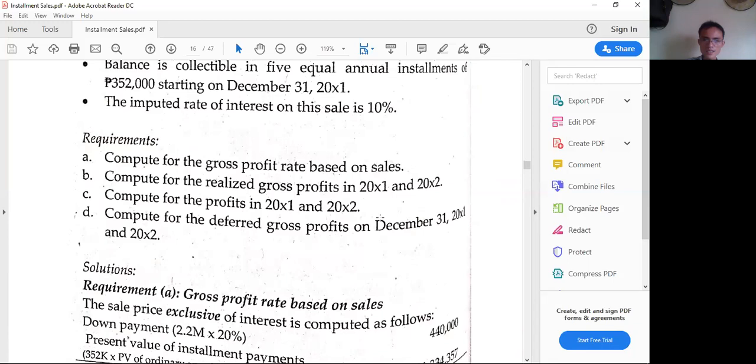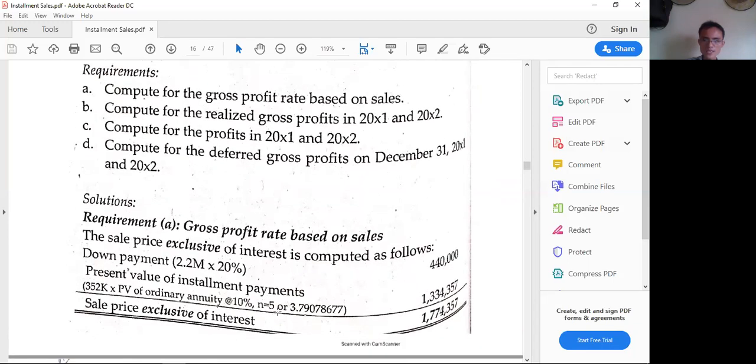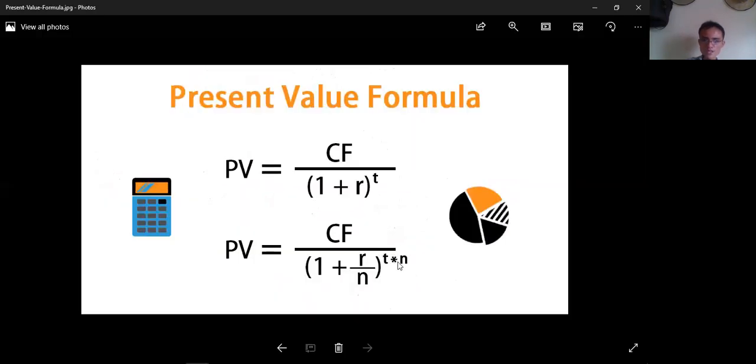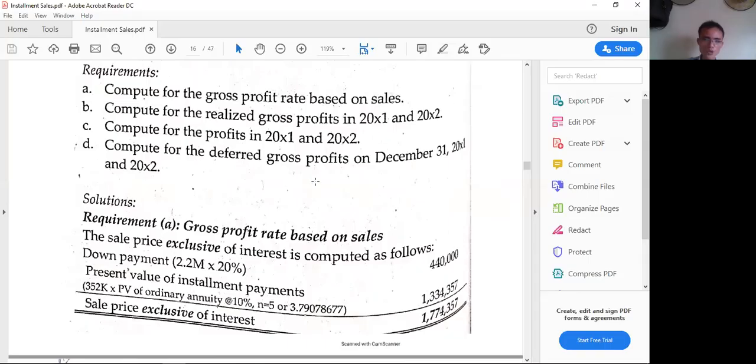Annual. So meaning that's going to be still at 10% because annual means the denominator is 1. 10% over 1 is 10%. And then the power is going to be the number of years times N. N is the number of periods in a year. T is 5 times 1. Any number multiplied by 1 equals the number.